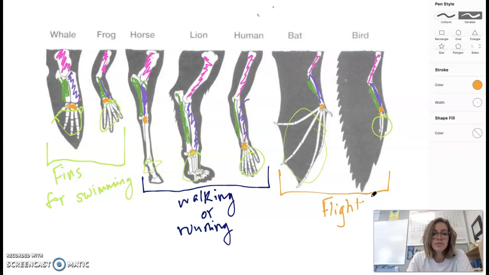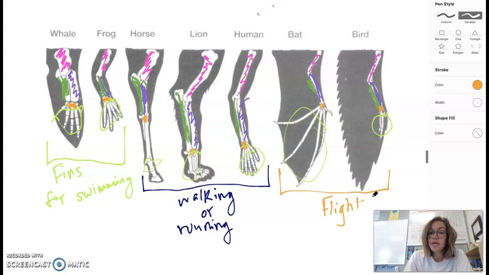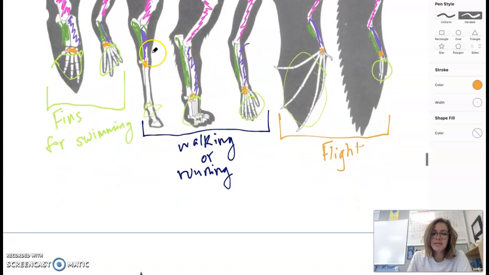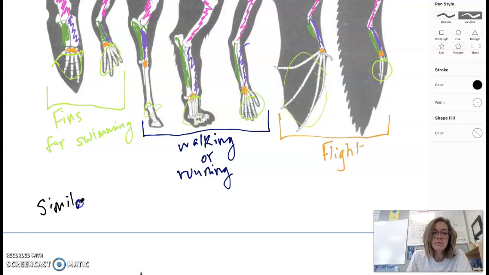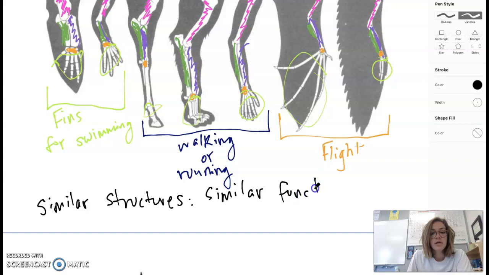Very similar structures, different functions, but still, this is all for locomotion. So even though they are all similar structures, right? They're all in that similar, not the same, but similar function of movement.